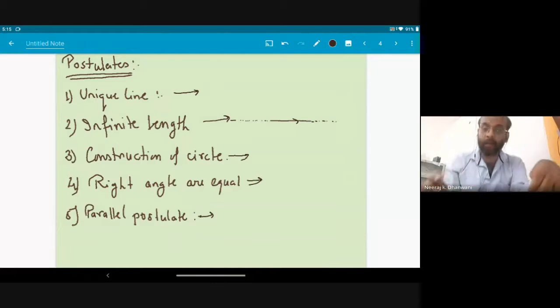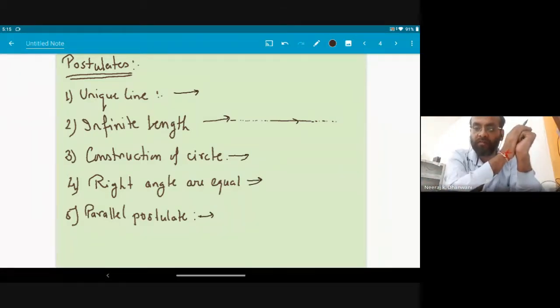Now coming to the most debatable, most studied postulate, the parallel postulate.